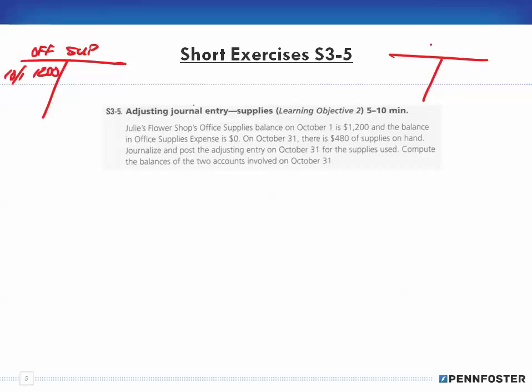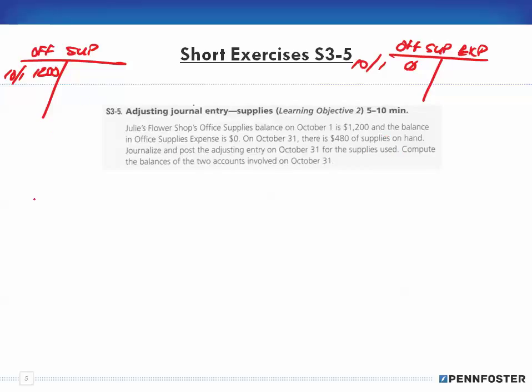And office supplies expense, the balance is $0 on October 1st. On October 31st, there is $480 of supplies on hand. Journalize and post the adjusting entry on October 31st for the supplies used. Compute the balances of the two accounts involved.